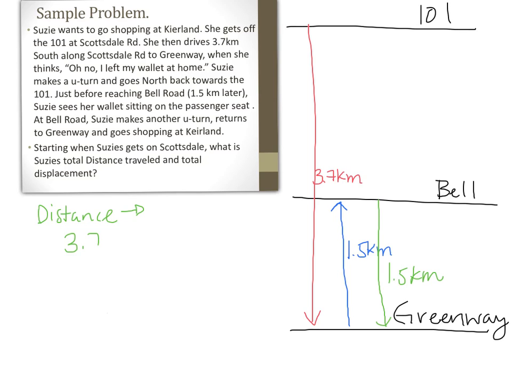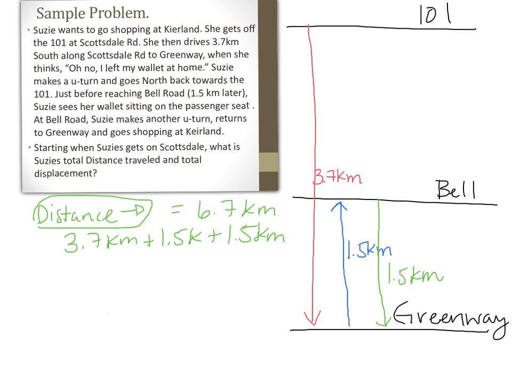We have 3.7 kilometers, plus 1.5 kilometers, plus another 1.5 kilometers. So our total distance equals 6.7 kilometers.